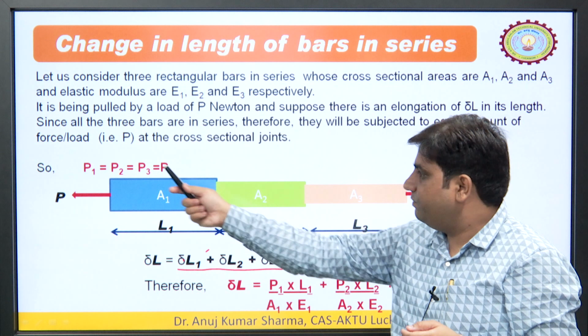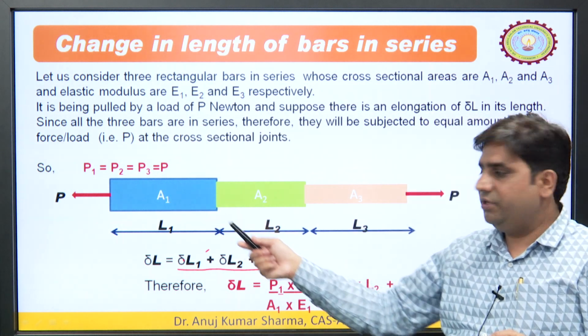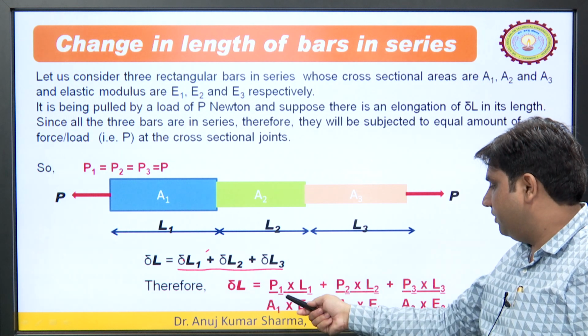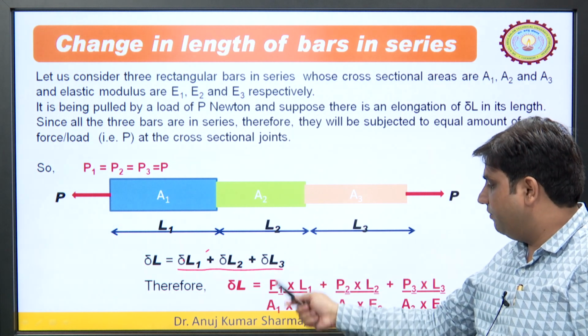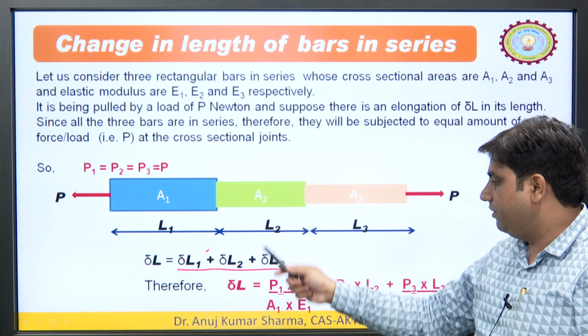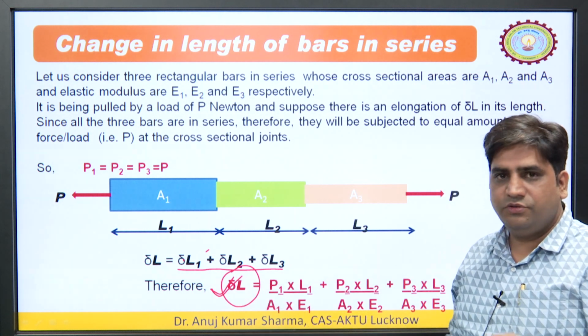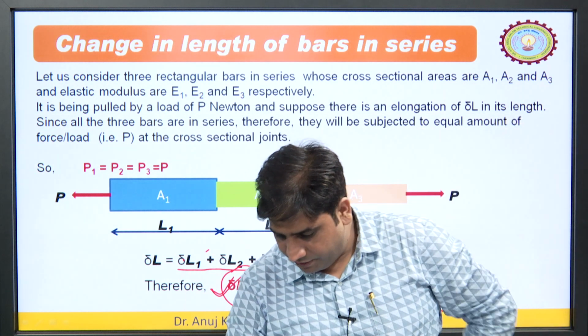Here P1 is equal to P2 is equal to P3, and L1, A1, E1 we have been given. So we can calculate the total elongation. Rods in series is very simple.